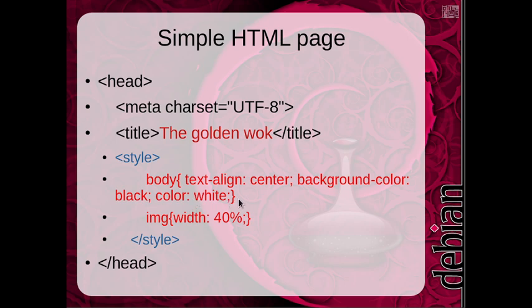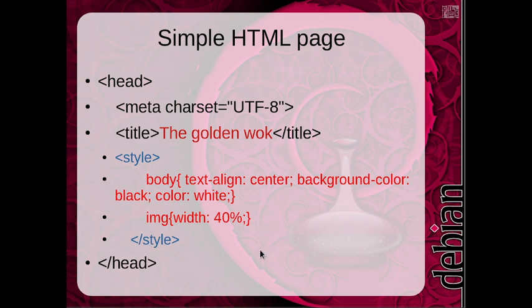Very simple, but this is a very simple way to make a website that will actually look professional. And for the image, width, I said 40%. You can use pixels or ems, but we're just gonna do percentage to keep it simple because we are new to this. And when you set the width, your computer will adjust the height as well.